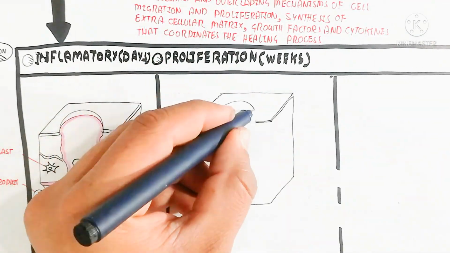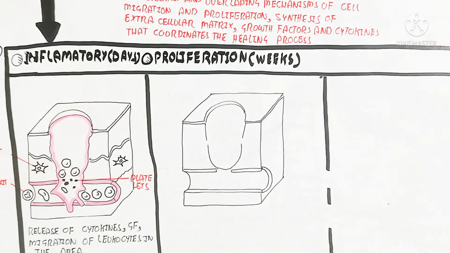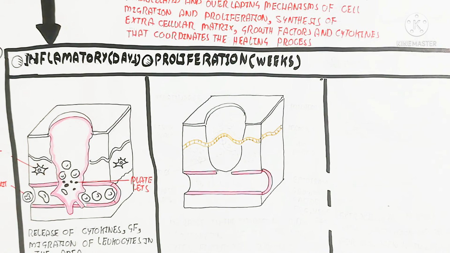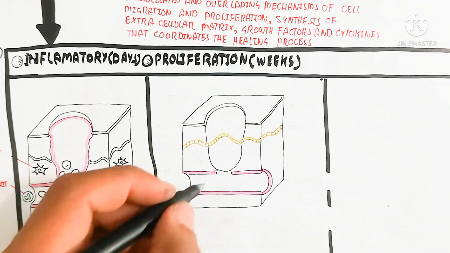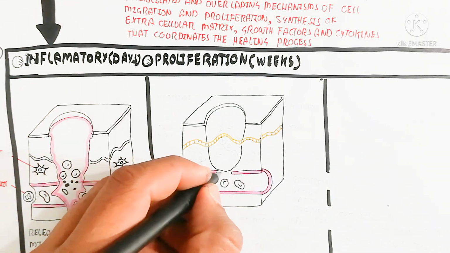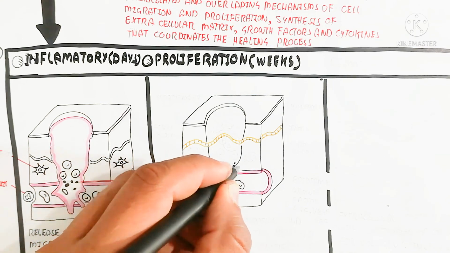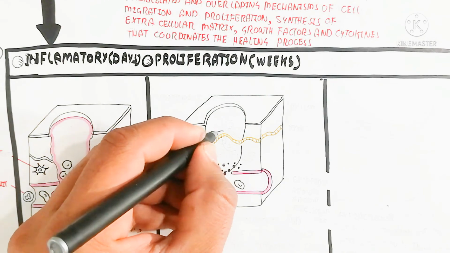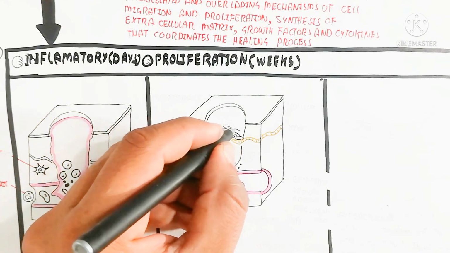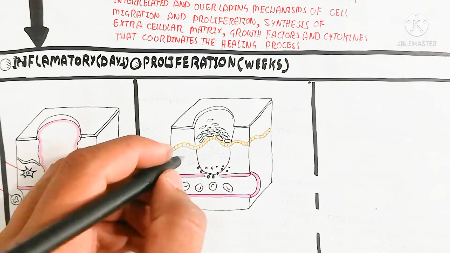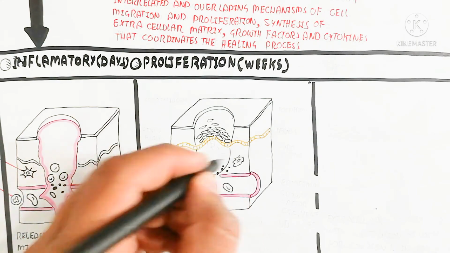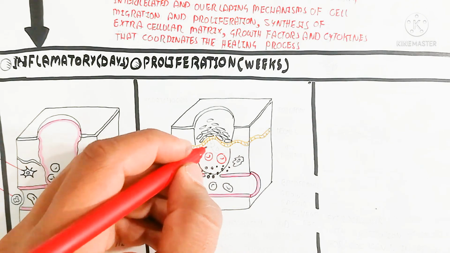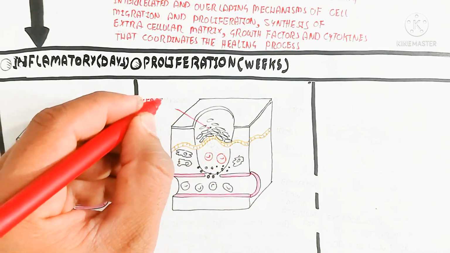The second step is proliferation within the week. Here I am drawing again the structure of the skin, which contains epidermis and dermis. The dermis contains keratinocytes, which will become dead keratinocytes, and Merkel cells are also present. Here are the fibroblasts, present in the hypodermis.